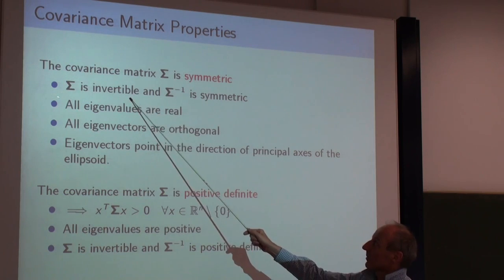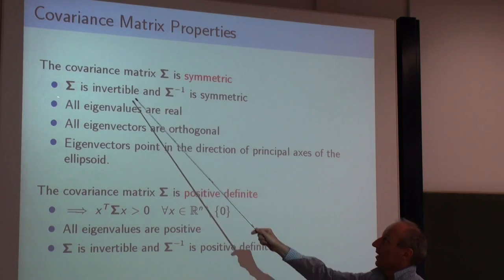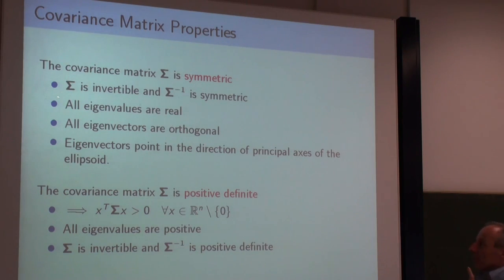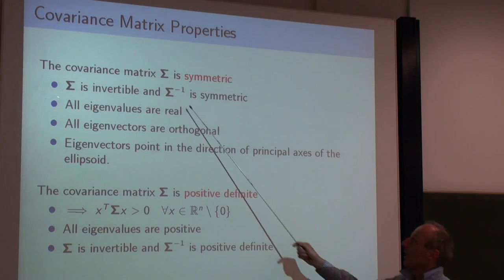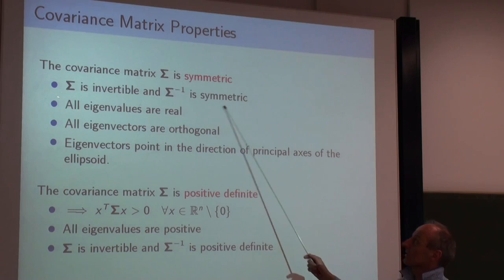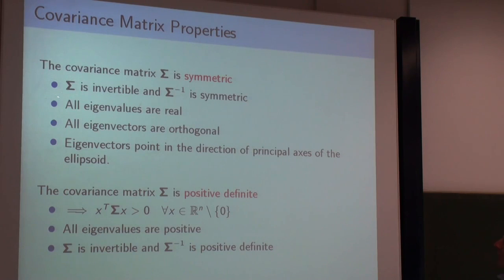It is invertible if no variances are 0. So if we have a width going to 0, then it's not invertible. Under this assumption, it's invertible, and the inverse matrix is symmetric too. This holds for all symmetric matrices.